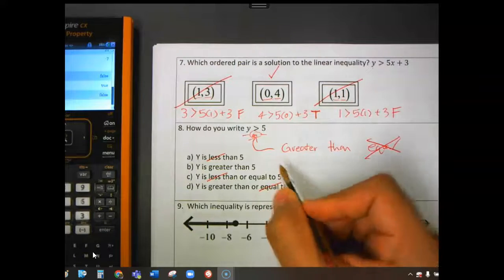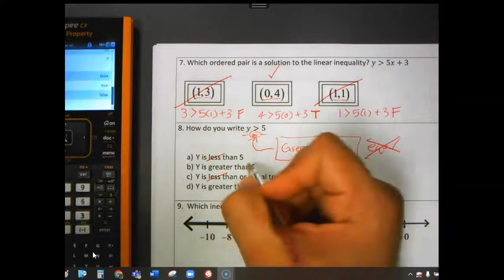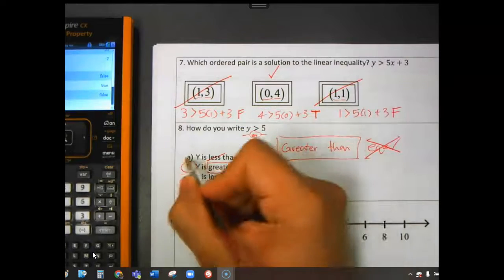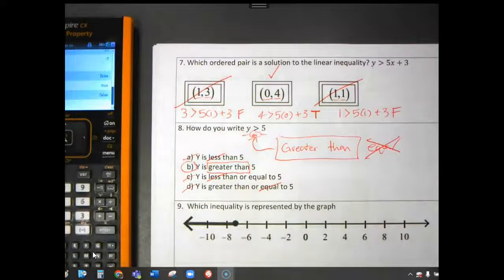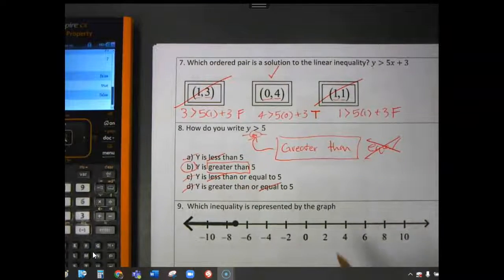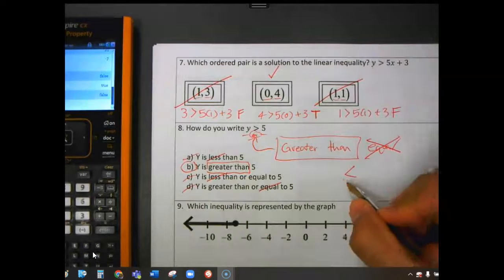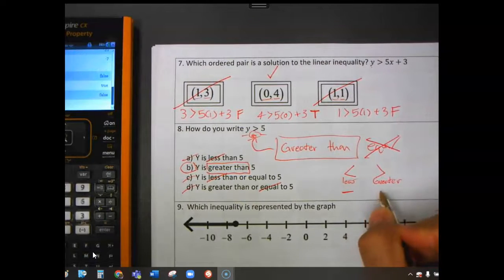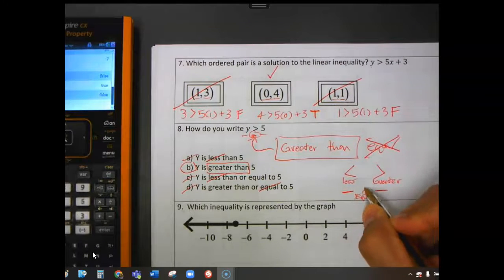So just greater than, that'll be letter B. Y is greater than 5. So again, this is less, this is greater, underlines are equal, or equal to.